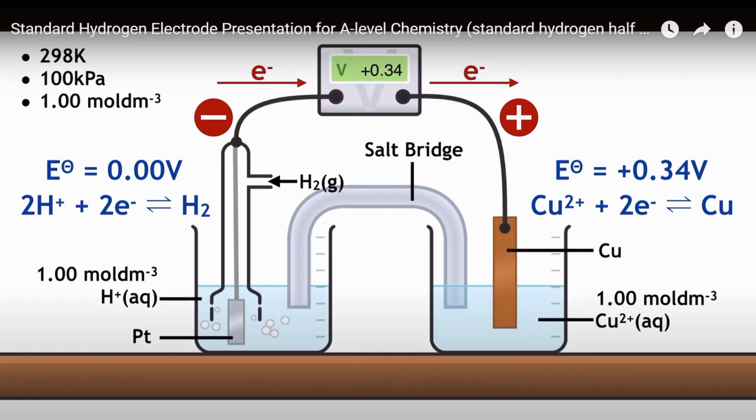Do electrons ever flow from the cathode to the anode? I want you to think about that for a second. Think about what process takes place at the anode. What half reaction occurs at the anode? Oxidation or reduction?